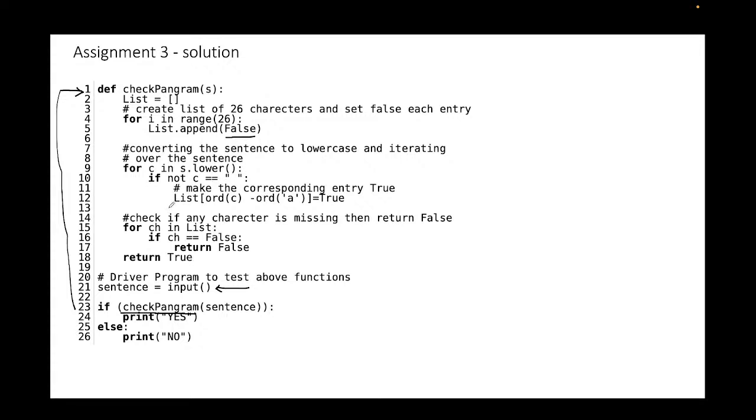For that, list of the ASCII value of the element that we are encountering minus the ASCII value of A will be equal to true. So we are making each corresponding entry, for a non-space character, true.